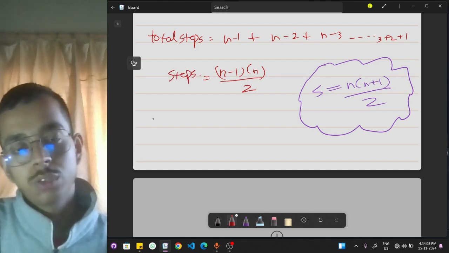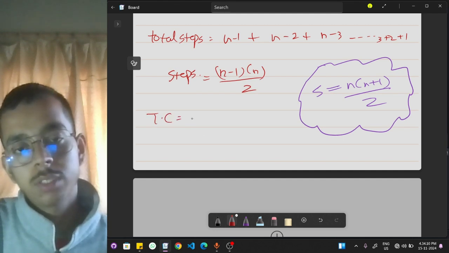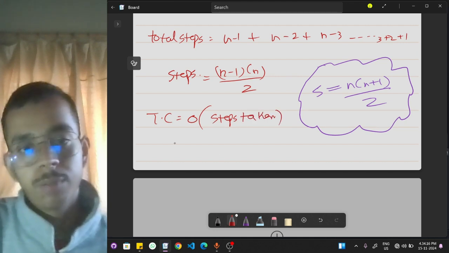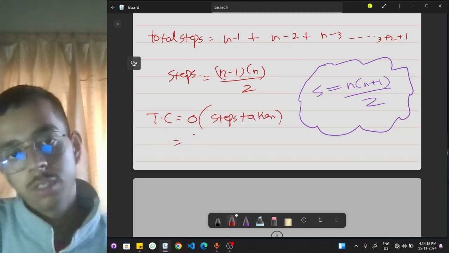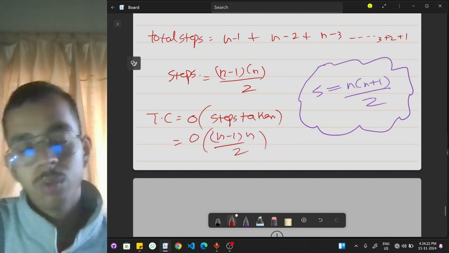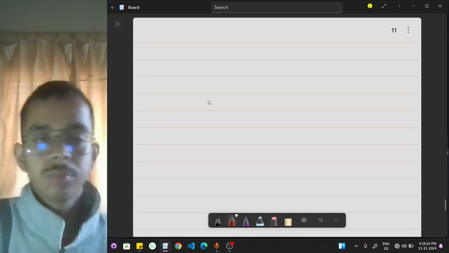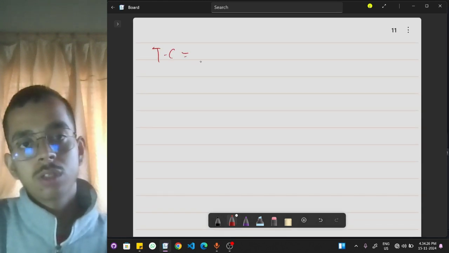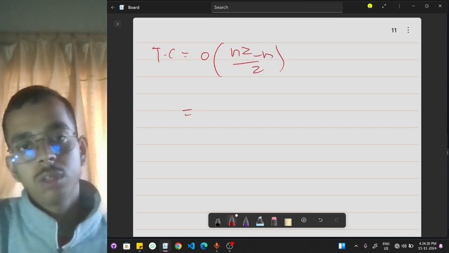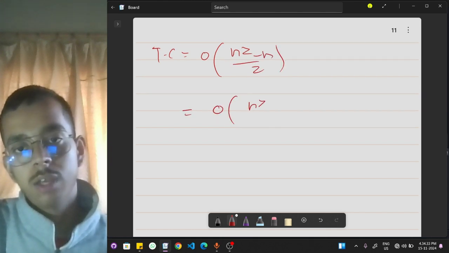Okay, so what is the time complexity? Time complexity is actually big O of the number of steps taken. So what will that be? It will be O of (n minus 1) into n by 2. Solving it further, it will be n square minus n by 2, that is O of n square by 2 minus n by 2.